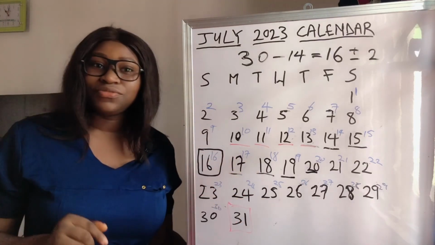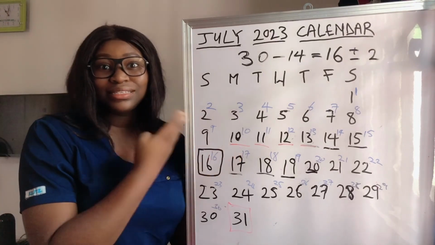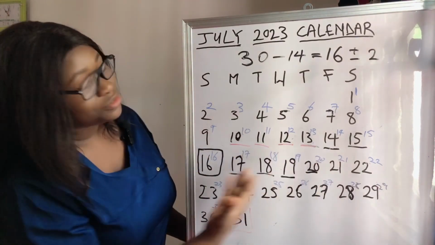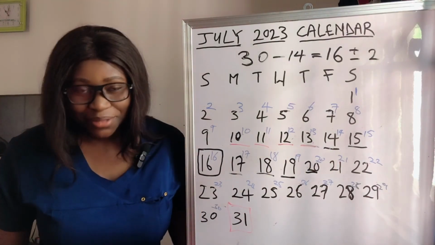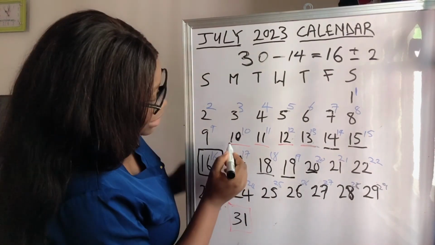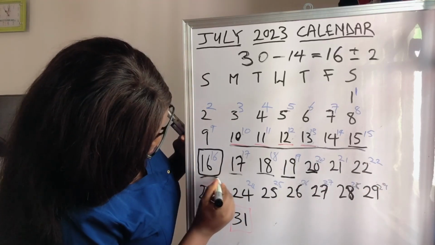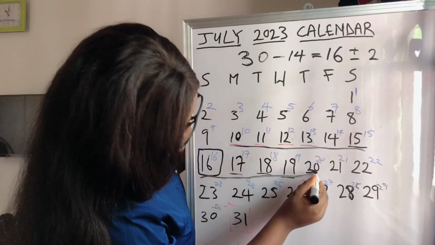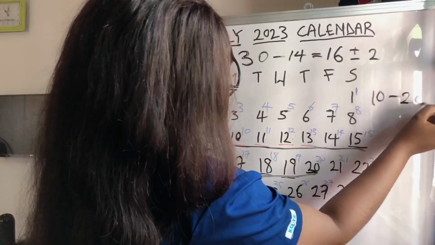Then if you're watching this video because you want to know your fertile days and your cycle length is 30, these are the right time to do the baby dance to get a baby. So this woman, her fertile days start from day 10 all the way to day 20. Day 10 to day 20.